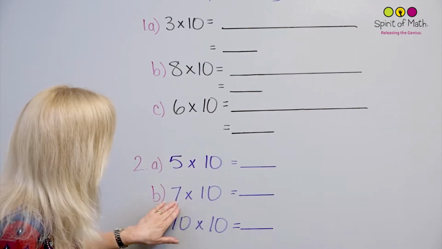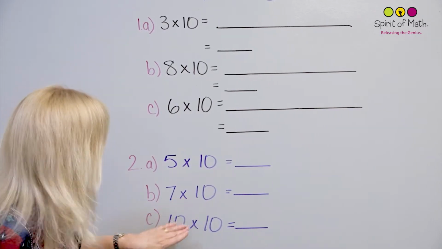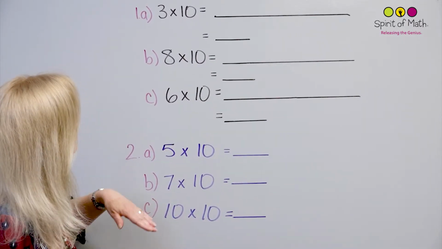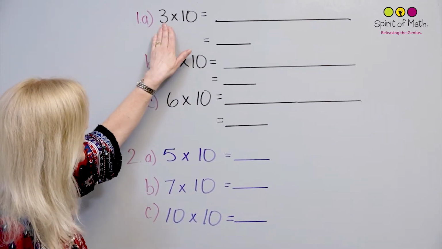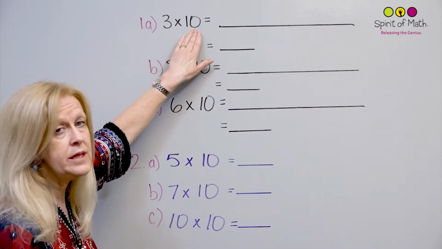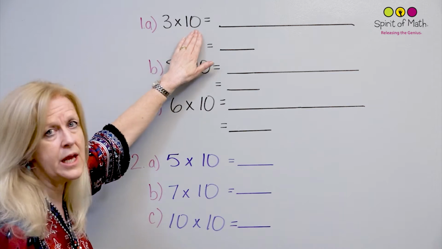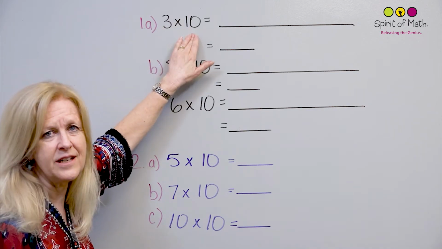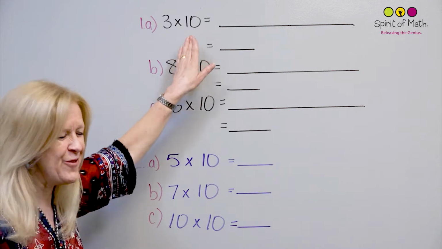Good. 7 multiplied by 10, 10 multiplied by 10, okay? Now, another way to think about that, so you know how to say it. Some people don't say multiply by, they say 3 by 10, and then other people will say 3 times 10. So you're going to hear me say all of those.